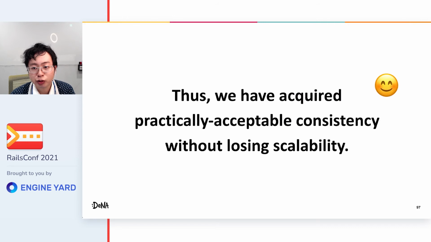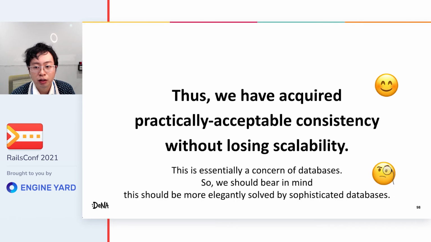Thus, we have acquired practically acceptable consistency without losing scalability. This is essentially a concern of databases, so we should bear in mind this should be more elegantly solved by sophisticated databases.